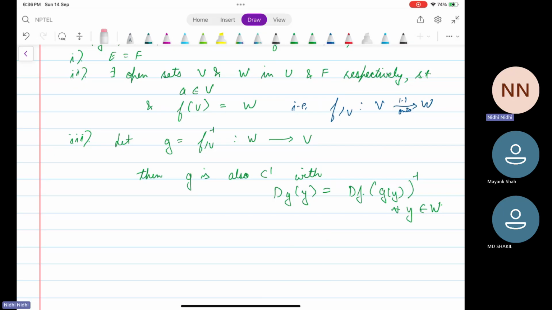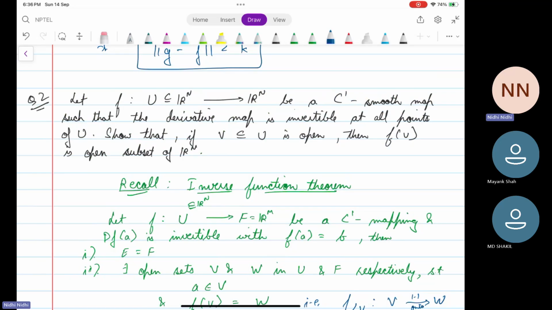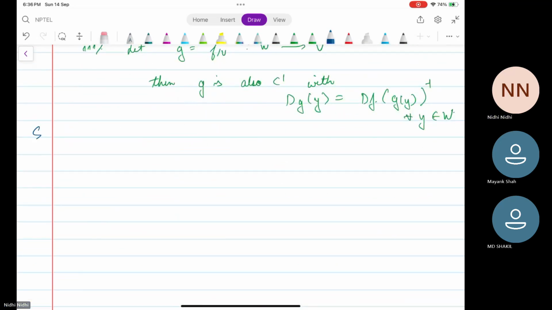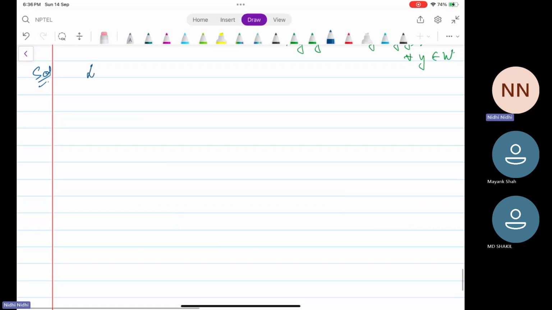Okay, so we'll see how we can use this inverse function theorem to prove the above result. So basically, all we need to show is that an open set is mapped to an open set. Solution. Now let's start with some V subset of U be an open set in Rn.